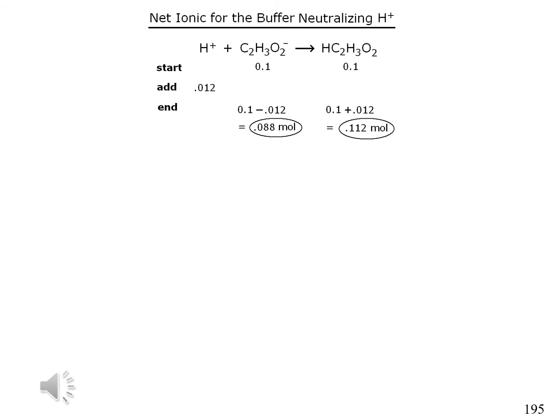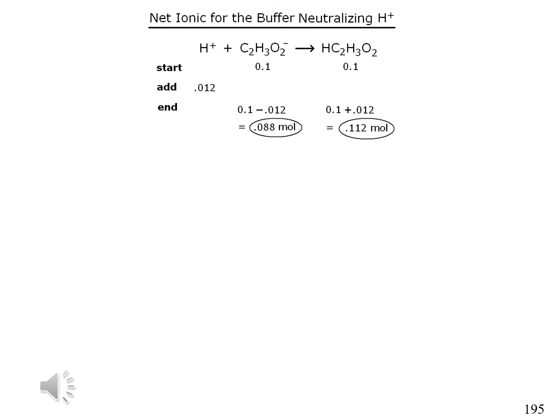If you add 0.012 mole of H plus, what's going to happen? Every time you add an H plus, you get rid of an acetate, because when the H plus sticks, it's no longer the negative ion. But you also, at the same time, produced another one of the acid molecules.